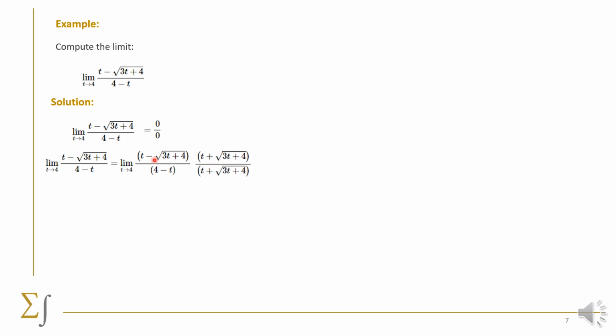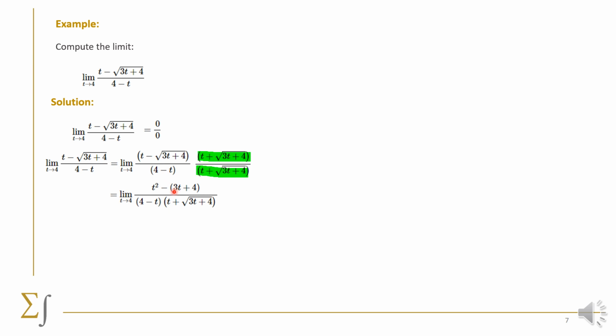We have here t minus the square root of 3t plus 4, so the conjugate will be t plus the square root of 3t plus 4. So we multiply and divide by the conjugate of the numerator. Next, we keep the denominator as it is, and we look at the numerator as a product of two brackets identically the same but with different signs. This gives us the difference between two squares. So the square of the first minus the square of the second, but the second is a square root.